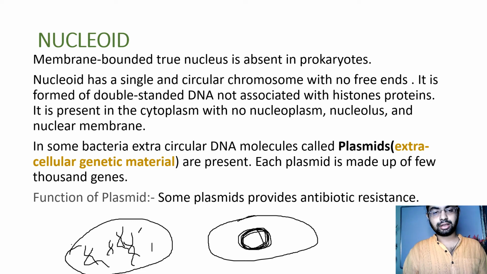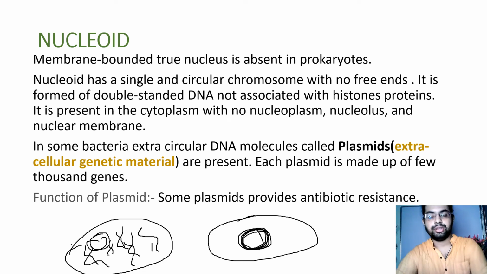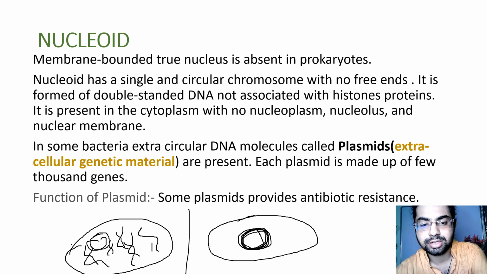It is formed of double-stranded DNA, not associated with histone proteins. It is present in the cytoplasm with no nucleoplasm, nucleolus and nuclear membrane. If this is the eukaryotic cell, that is the human cell, a proper nuclear membrane and nucleolus are present. But in prokaryotic cells, everything is dispersed. Only a circular and single chromosome, that is the genetic material.